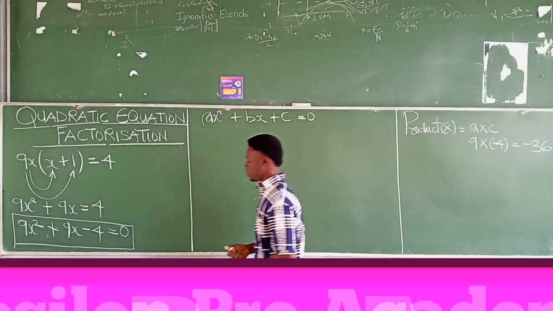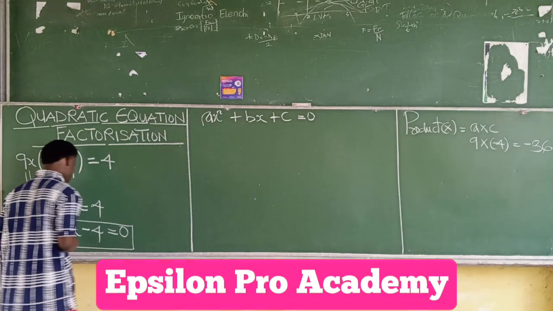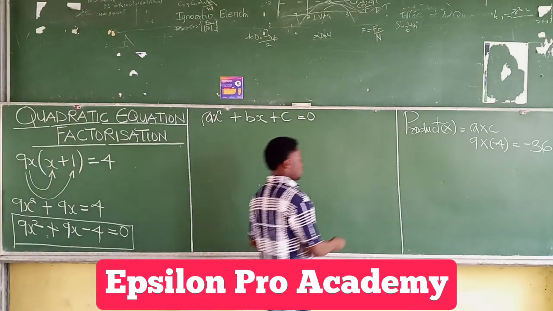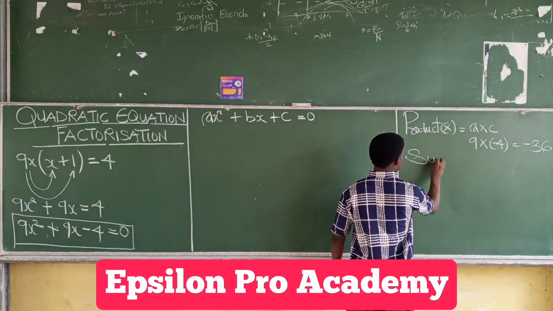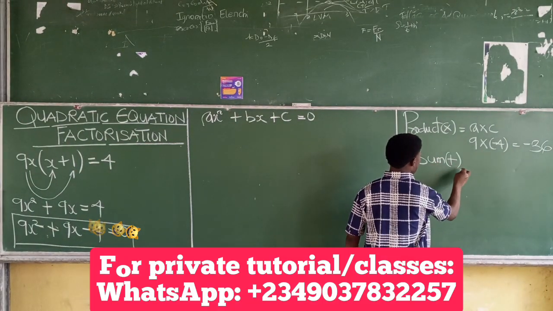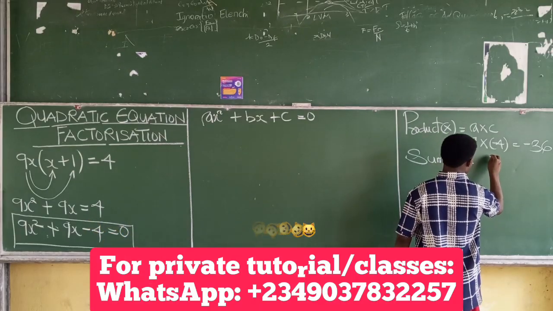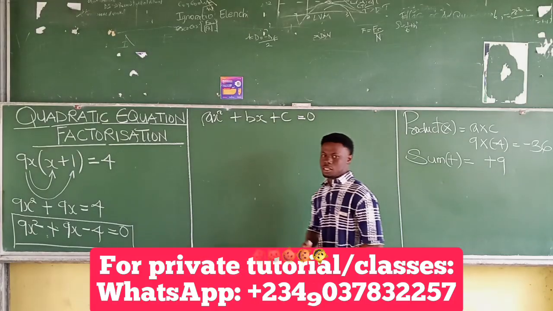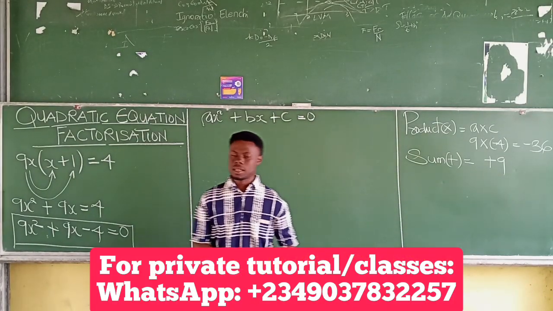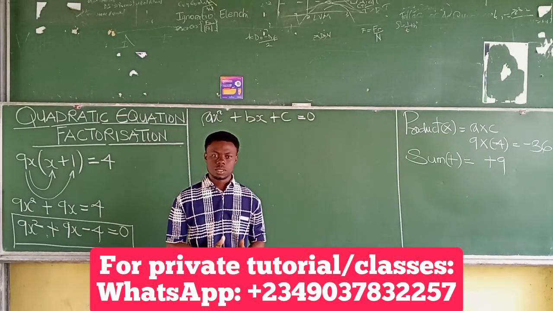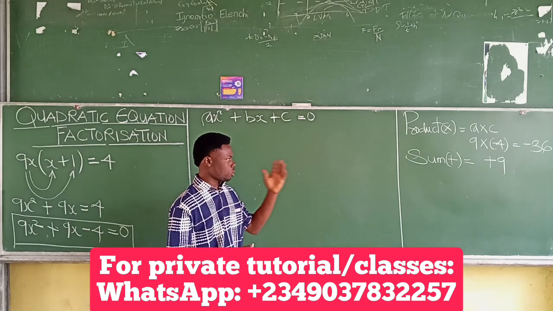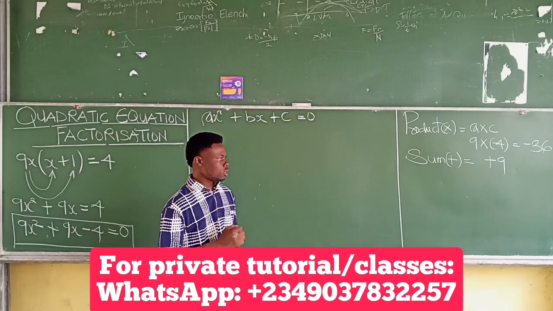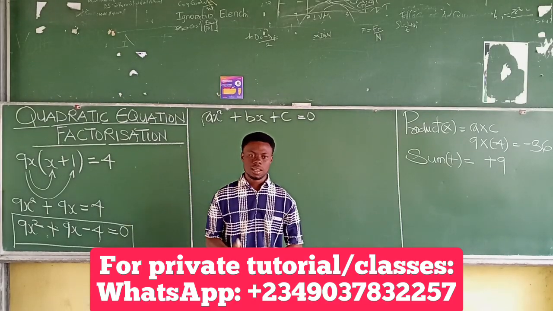Now the next step is to obtain the sum. The sum is the coefficient of x on the board, which is 9x. So the sum is plus 9. After obtaining the sum and the product, the next step is to think of two numbers which, when multiplied, will give us the product, which is minus 36, and when added together give us the sum, which is plus 9.